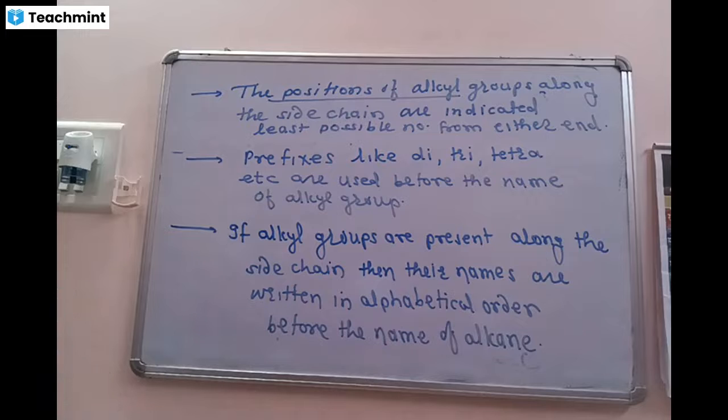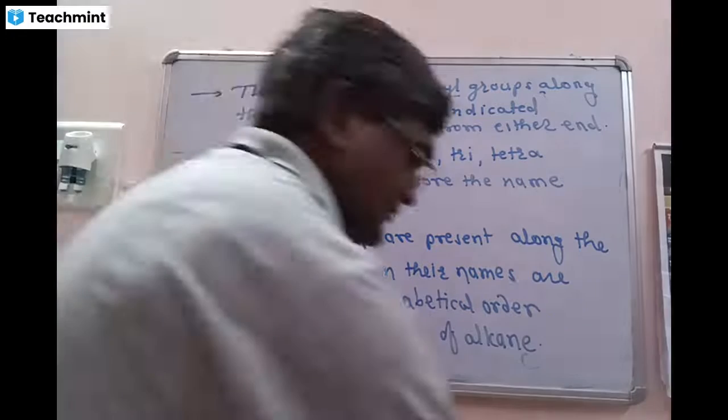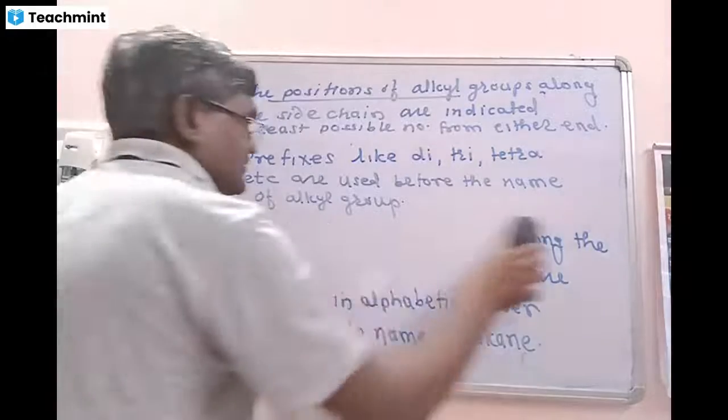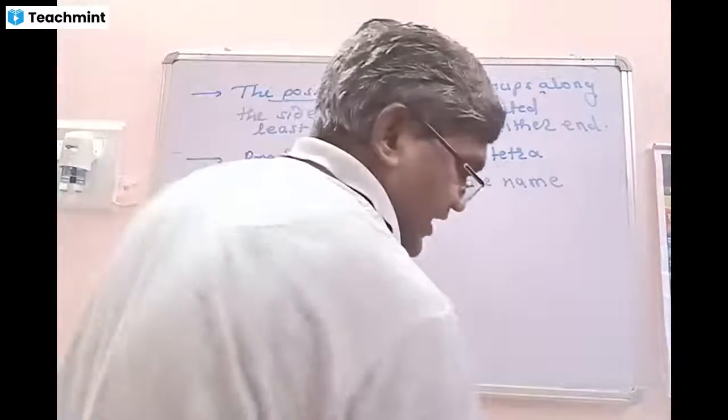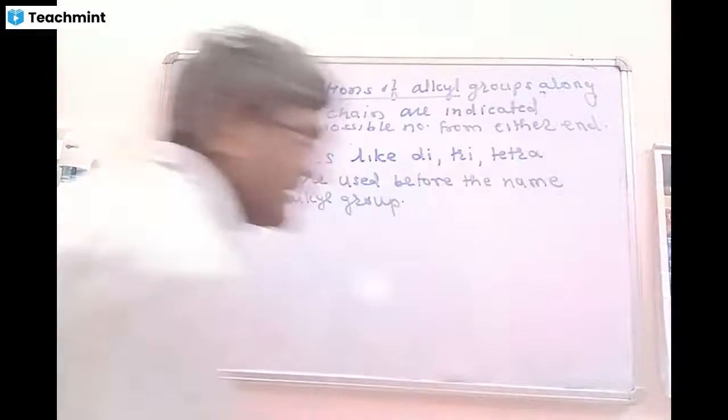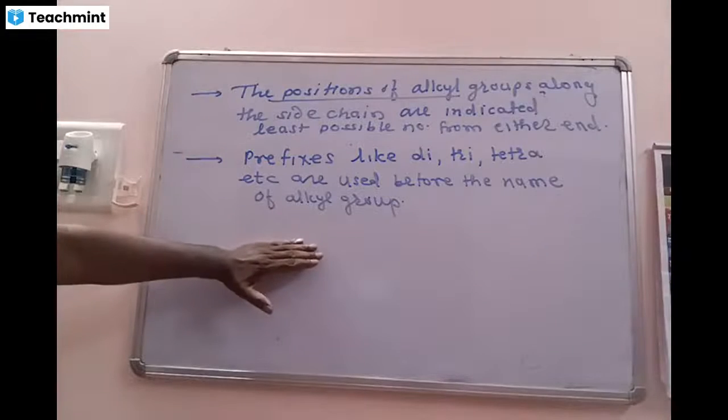Or if 3 methyl groups are there, then you have to write trimethyl. If 4, then you have to write tetramethyl. You got this? Yes. Okay. Now the name will be finished. यहाँ पे अल्केन का जो नाम उनको लिखना था वो इतने में हो जाएगा.